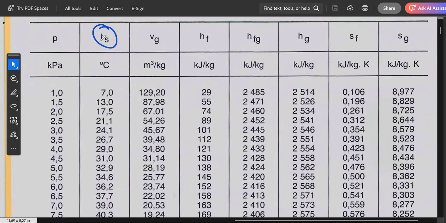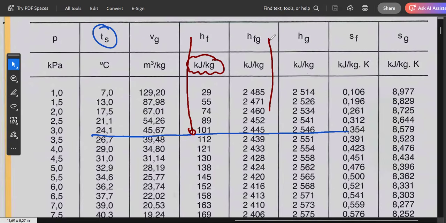At that temperature, maybe our temperature is 24.1 degrees Celsius, we are going to use it to determine these values of HF and HFG. For the enthalpy of the liquid, we're going to take our HF there in kilojoules per what? Per kilogram. Our HFG as well in kilojoules per kilogram.